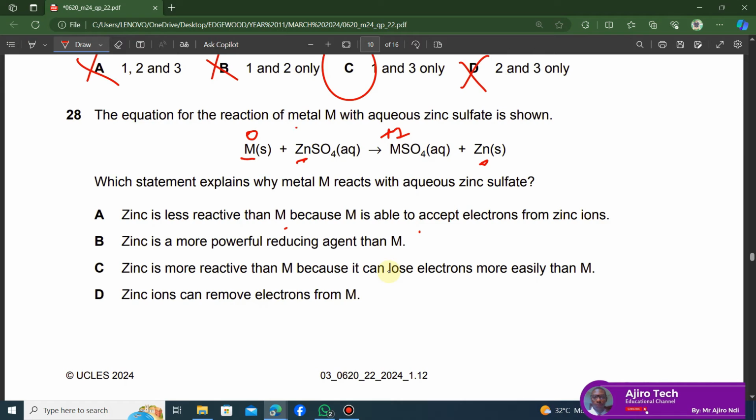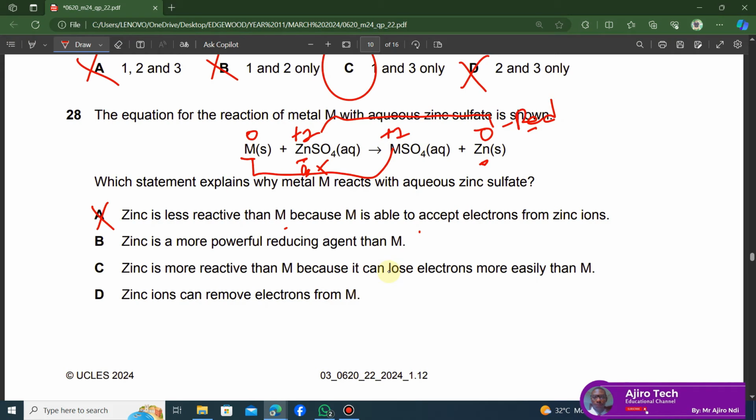Zinc is oxidation number plus 2 and it's 0 here. So in this case, the metal has been oxidized while zinc has been reduced. And remember that oxidation is loss of electrons, reduction is gaining of electrons. So it is zinc that gained electrons, not M accepting electrons from zinc. And that is why this is off.